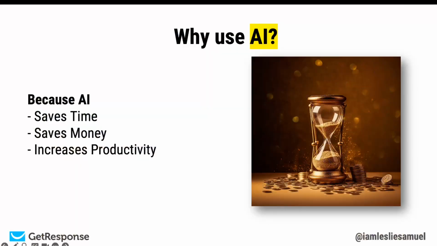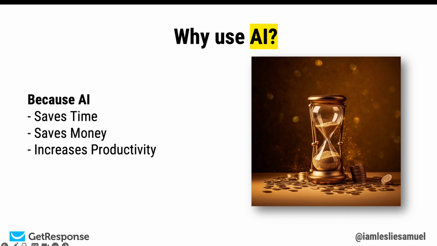Now, I want to talk about why you should even be thinking about AI for your business. Number one, because it saves time. The reality is AI is faster than you. It's faster than me. It's faster than any human being I know.